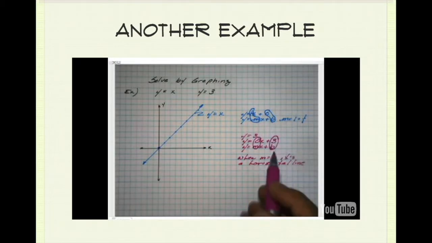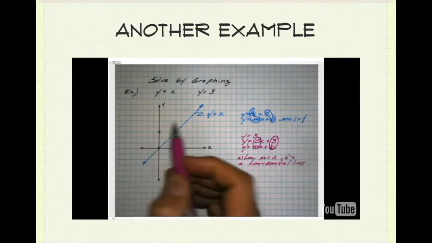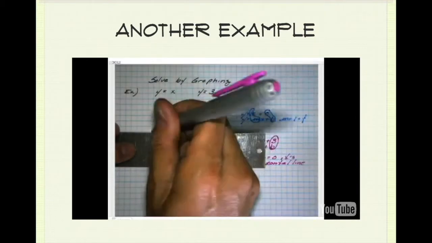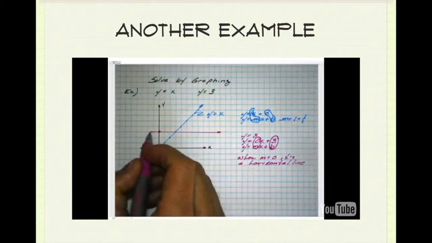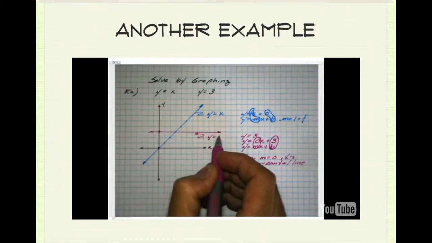So we can graph that. I know it crosses the y-axis at 3. 1, 2, 3. And I know it's a horizontal line. So this right here, this line, would be the graph of y equals 3.